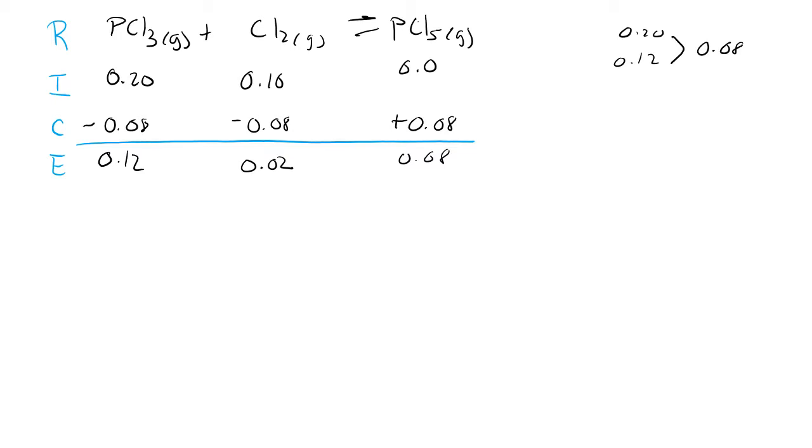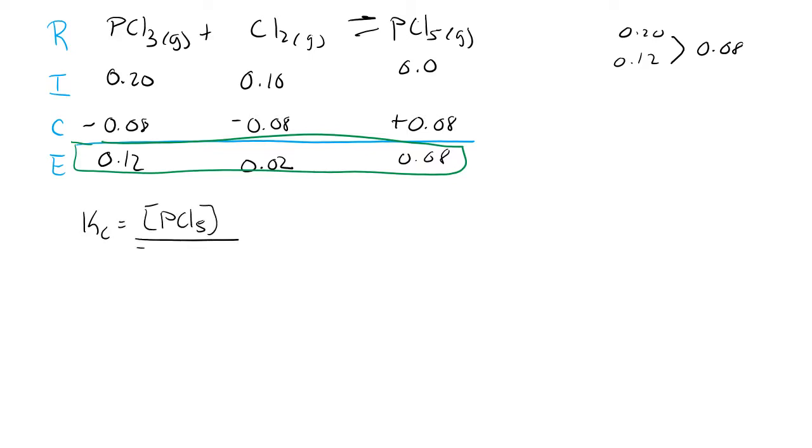All right, so now that we have our equilibrium concentrations, these are the values we want to use in our expression. So let's set up our expression. So Kc equals products over reactants. Substitute the calculated values in.